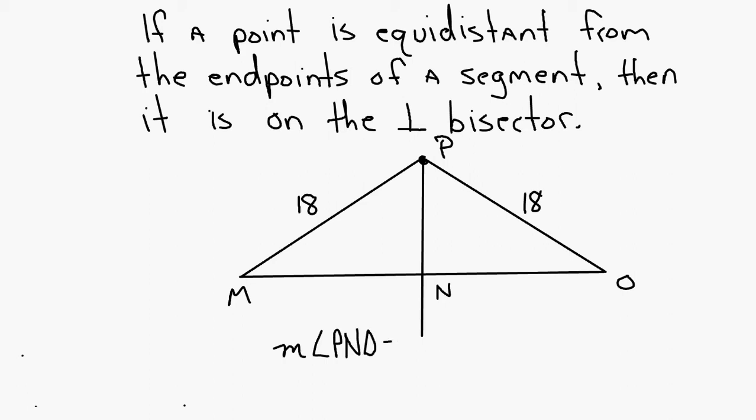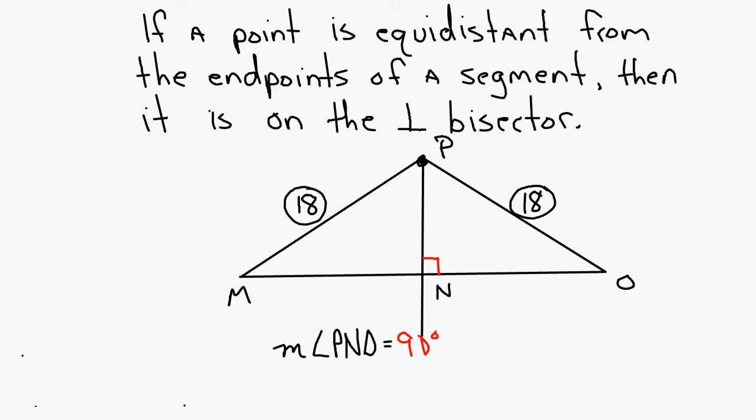Exactly. The theorem says that if a point is equal distance from the endpoints of a segment, which it is, P is equal distance from M to O, then it is on the perpendicular bisector. So this angle right here, PNO, would be equal to 90 degrees. So that would be 90 degrees.